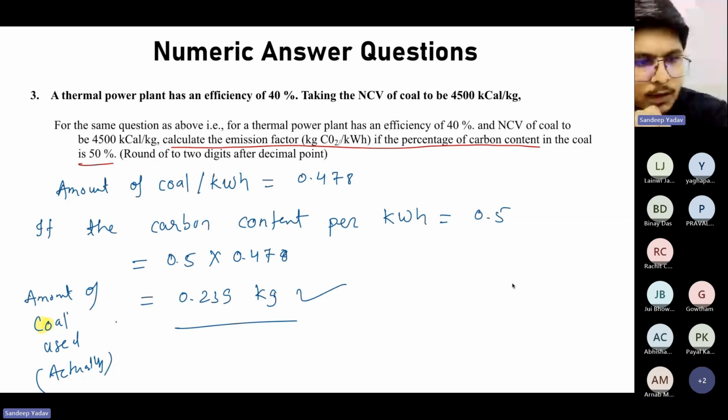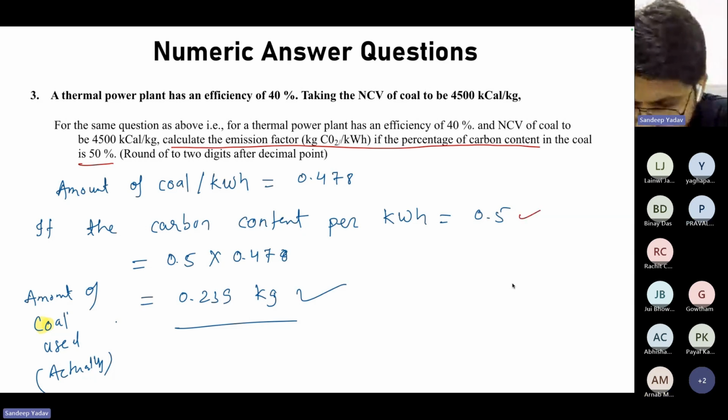So let me answer. The amount of carbon content in the coal is just a factor. It does not have any unit.